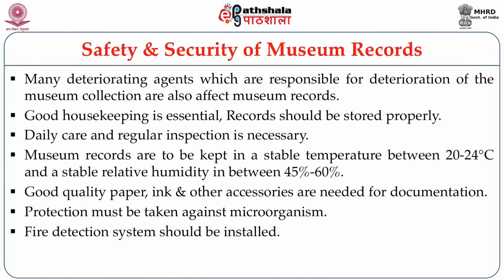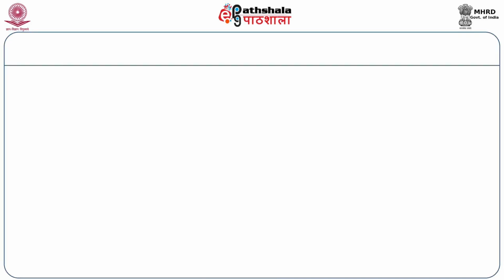A fire detection system should be installed in the record and storage area. Now different types of fire alarm systems or fire detection systems, smoke detection systems are available in the market. Museums may install this type of high-tech gadgets for this purpose.